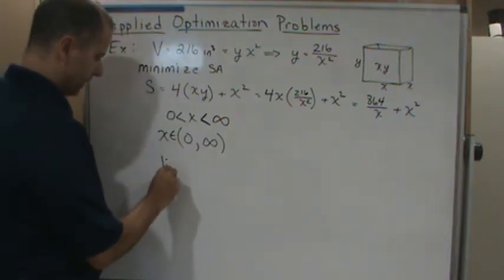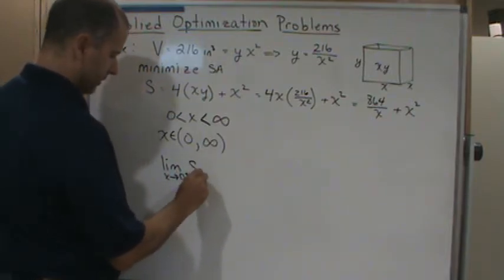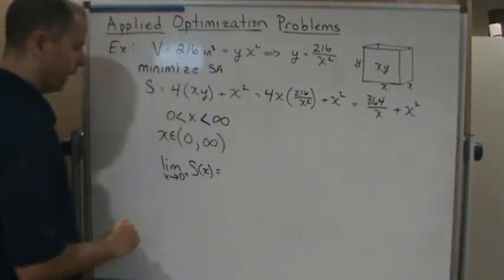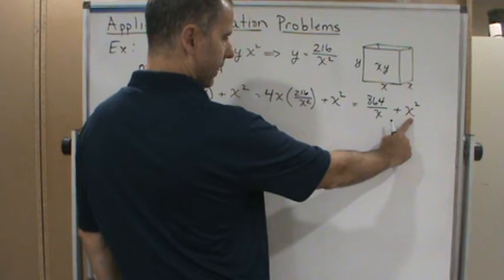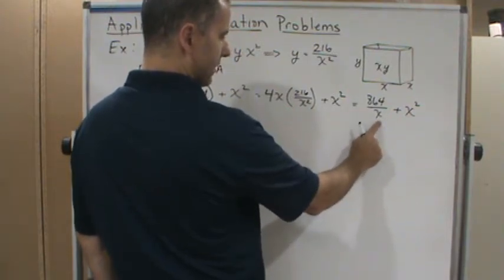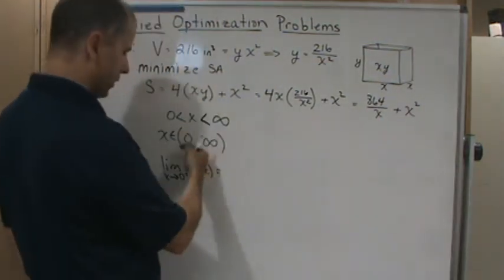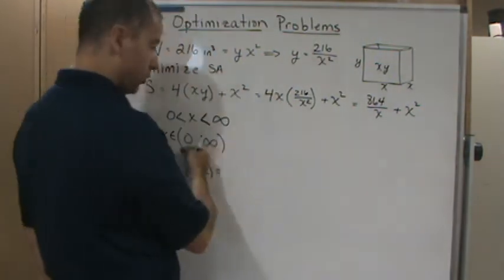Let's consider what happens as the limit as x approaches 0 from the right of S. What happens to this? This becomes 0. And what happens to this as it gets closer and closer to 0 on the right? So we're approaching from inside the interval, inside the domain.